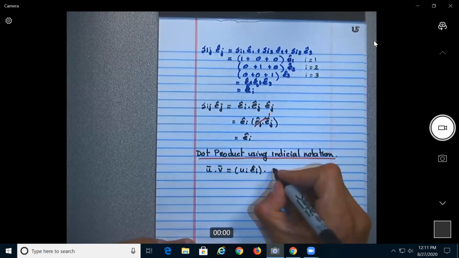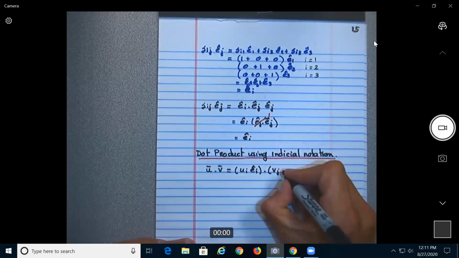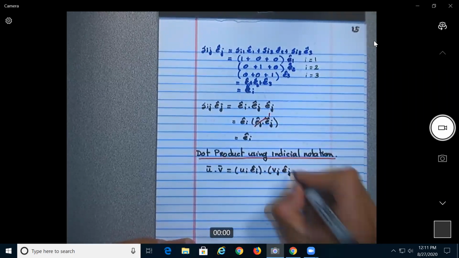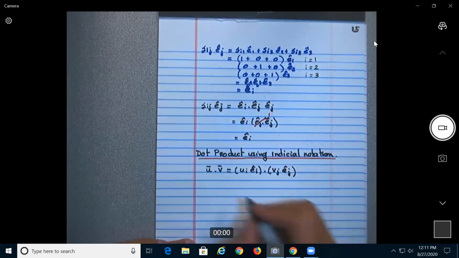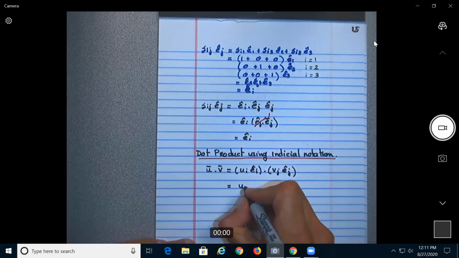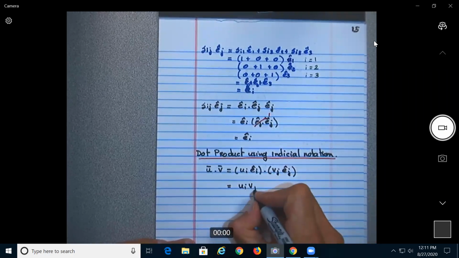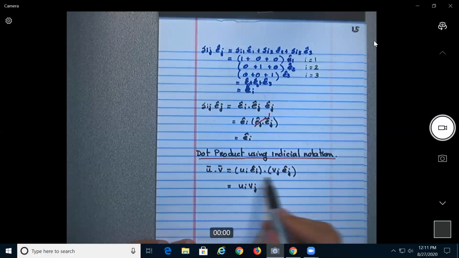And we rewrite v as v, but this time sub j, e sub j, so magnitude times direction. So this will give us what? u sub i, v sub j. So basically you take the magnitude, no?